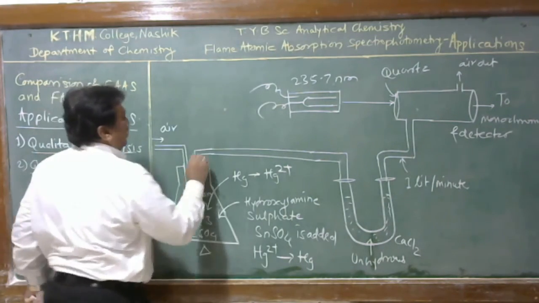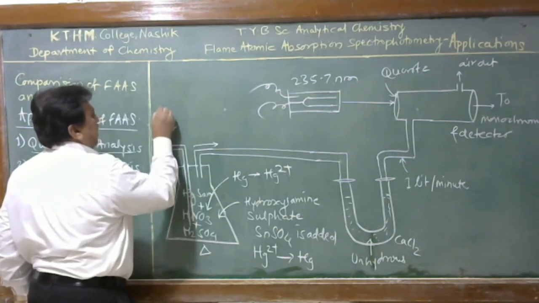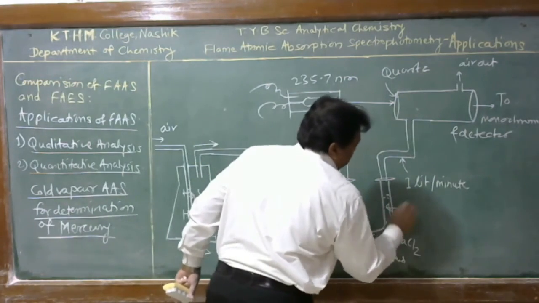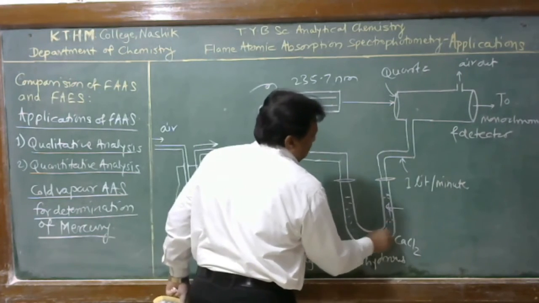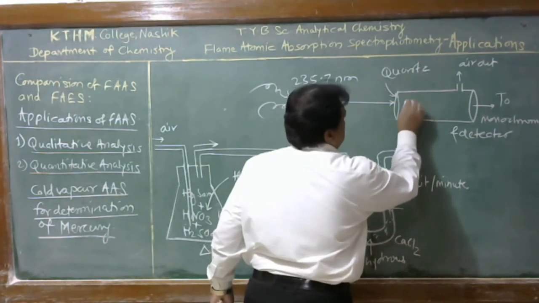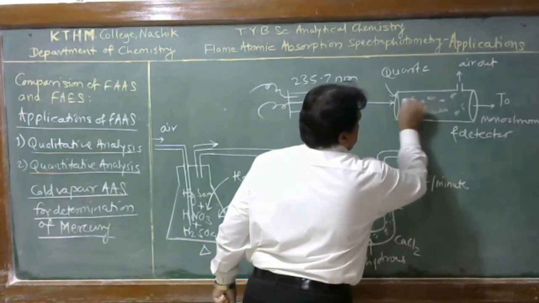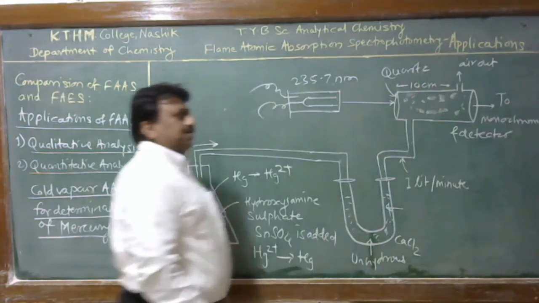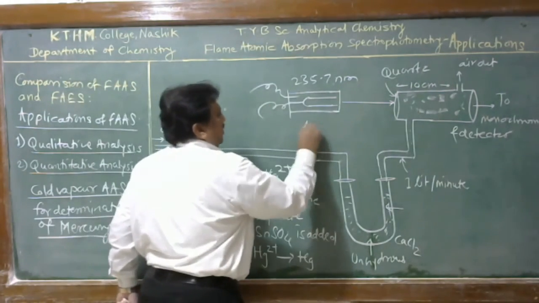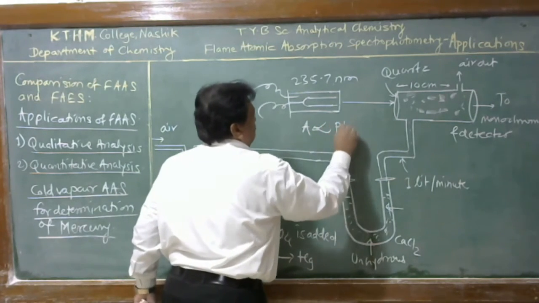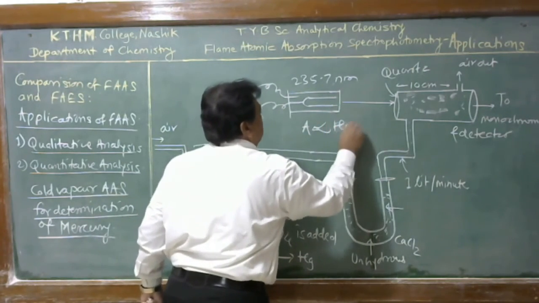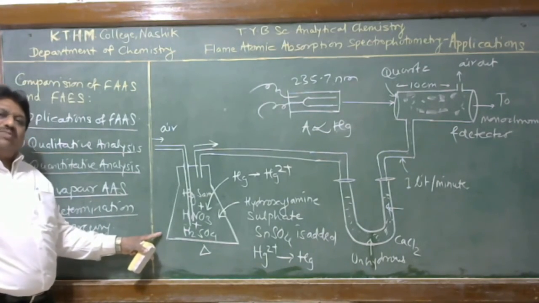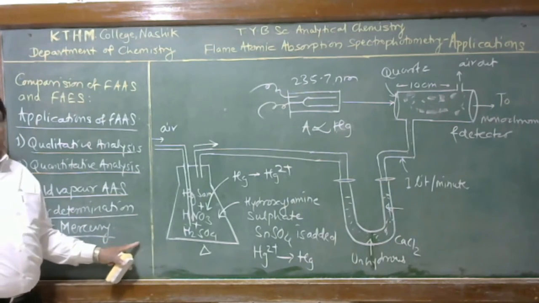The vapors of this mercury are then passed by passing air into a tube containing anhydrous calcium chloride, and this air is then given in a sample cell, about 10 centimeter sample cell, and absorbance is measured for determination of mercury.